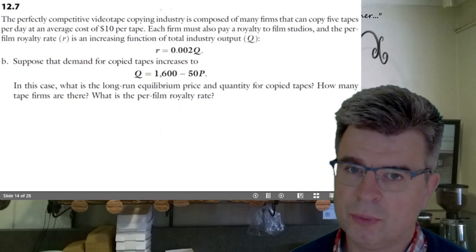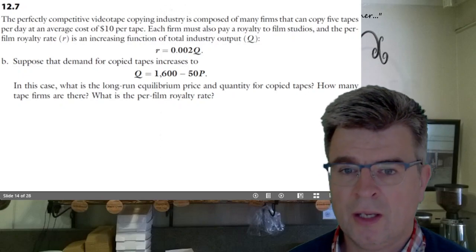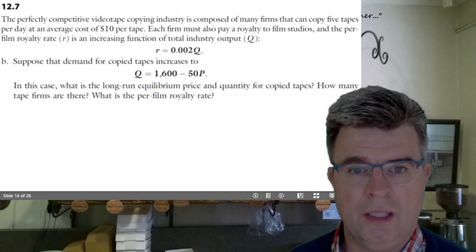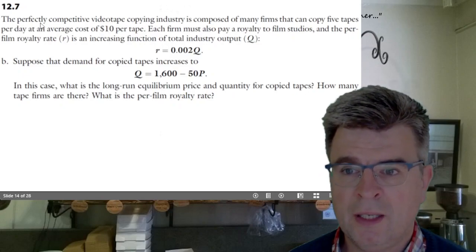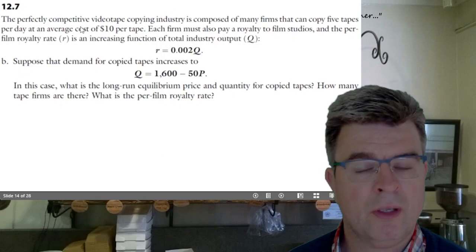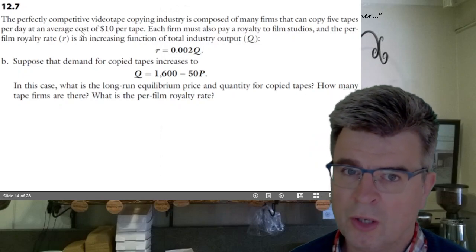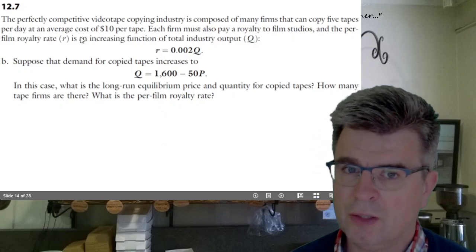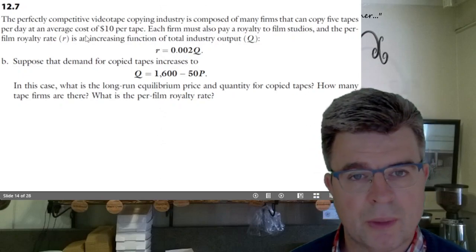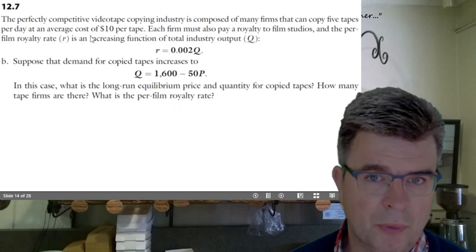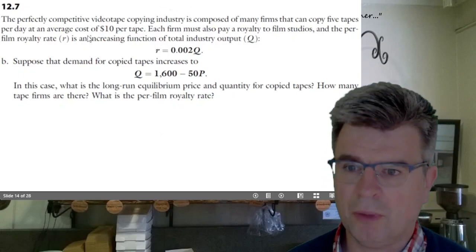To tell you the answer already, it is not the videotaping firms, because they are in a perfectly competitive industry. So in the long run, all their profits are competed away by the entry of additional videotaping firms, and their long run profit will continue to be equal to 0.